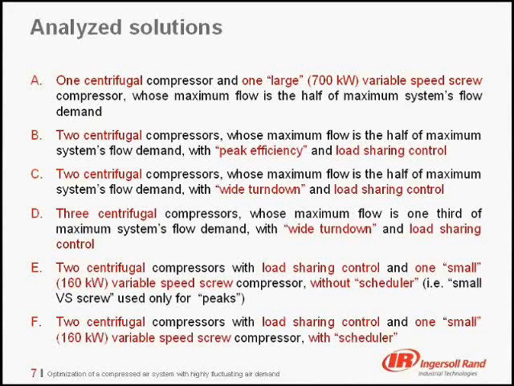The scheduler allows, for example, to load, unload or switch off each compressor according to a predefined schedule in order to optimize the system from various points of view. In this case, we want to optimize the system from the energy consumption point of view.